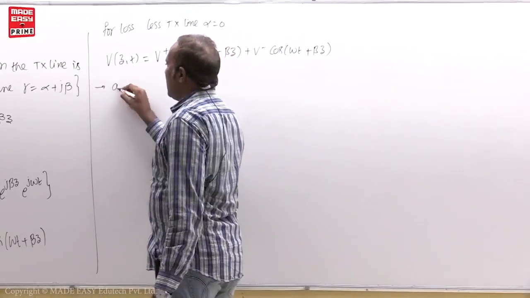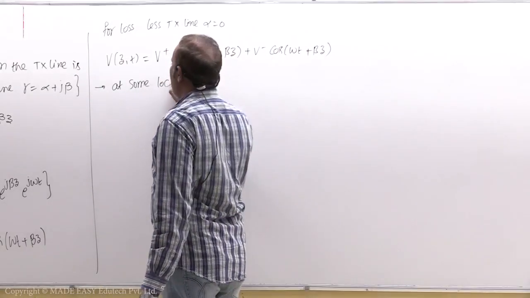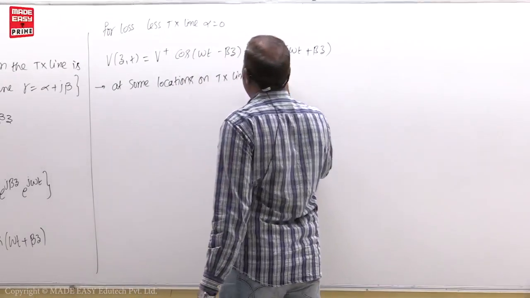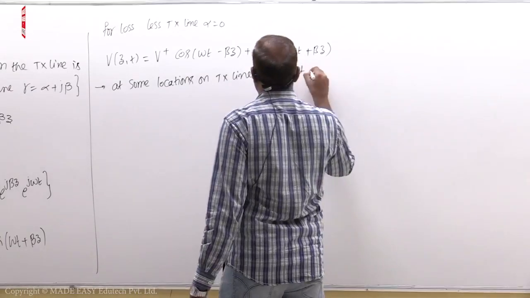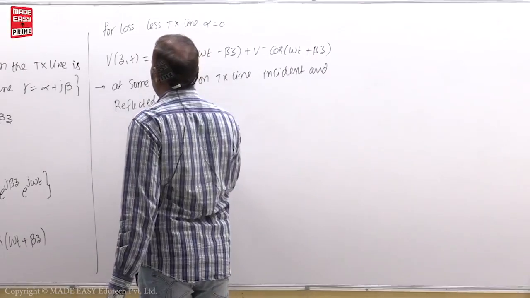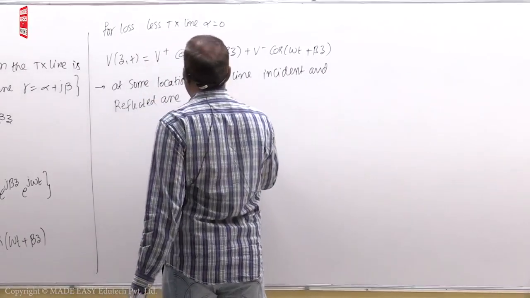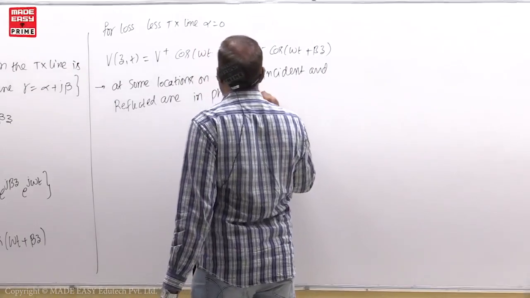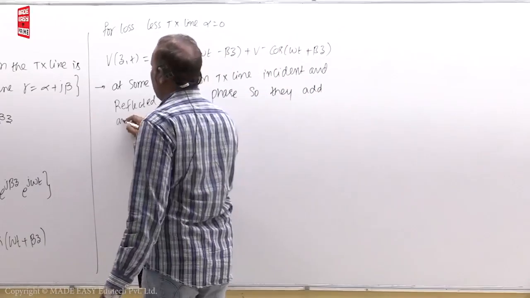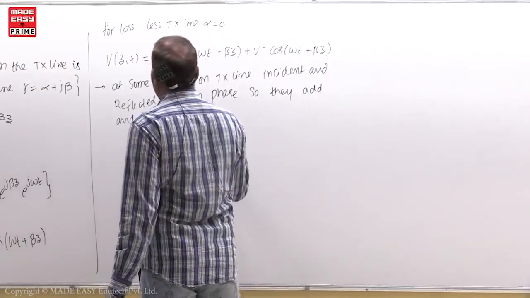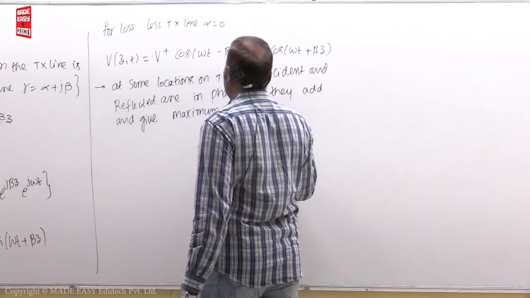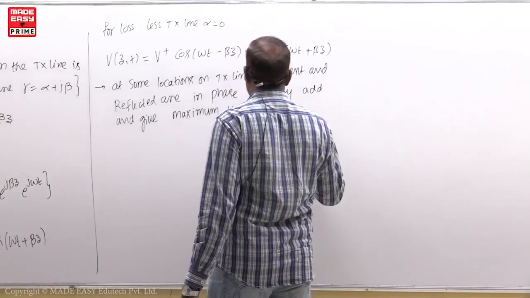Here at some locations on the transmission line, incident and reflected waves are in phase, so they add and give maximum voltage, V maximum.